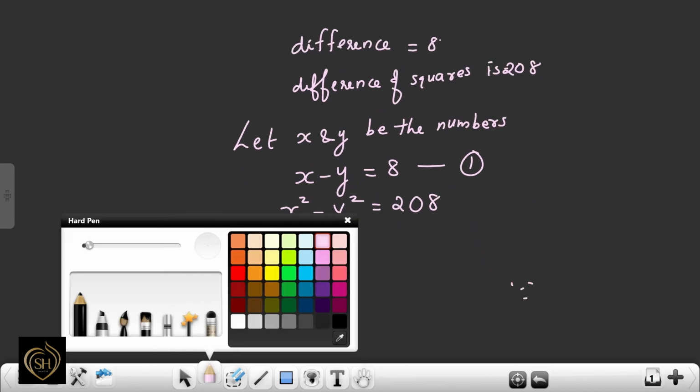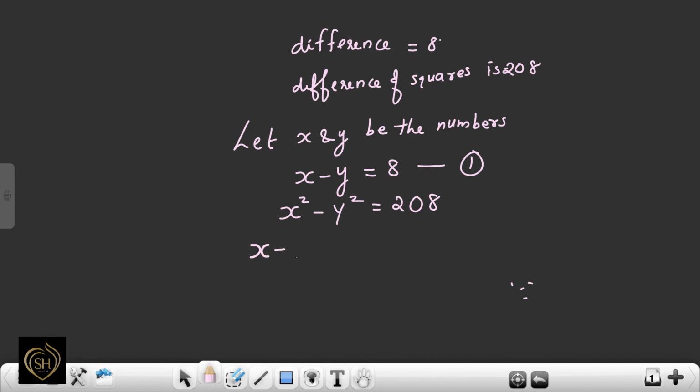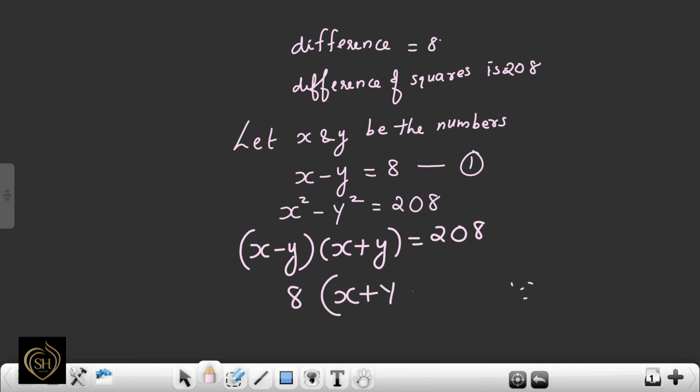We know that x square minus y square is what? (x minus y) into (x plus y) is equal to 208. From the first equation, we can write 8 instead of x minus y.